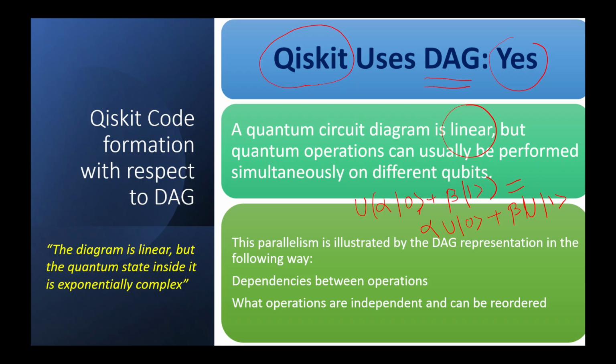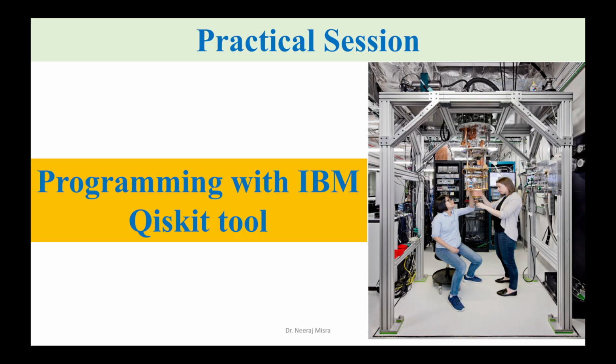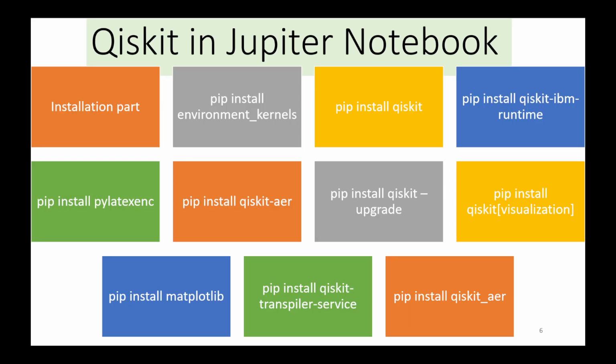Now, how do we use Qiskit on our platform, maybe Jupyter, PyCharm, Google Colab or any other Python tool? First we need some essential bindings, so we have to do the installation process.